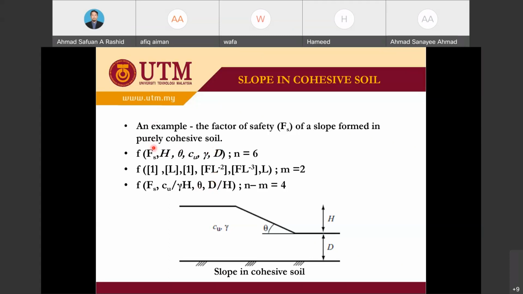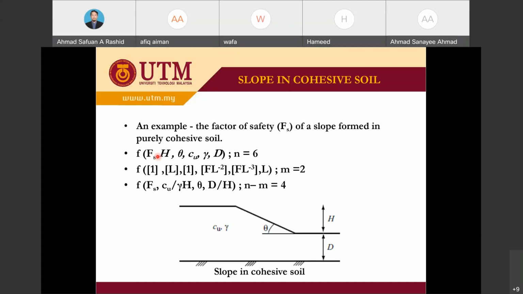For every n value, we need to determine the value for the primary dimension. Basically for the FS, because FS is a ratio between driving force or driving stress and resisting force or resisting stress, definitely FS is equal to 1 because it doesn't have any units.